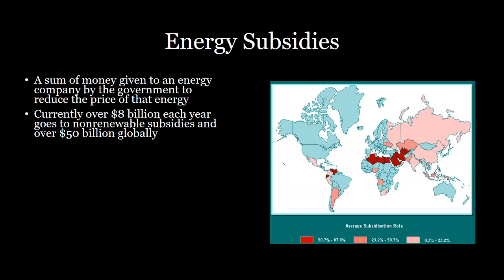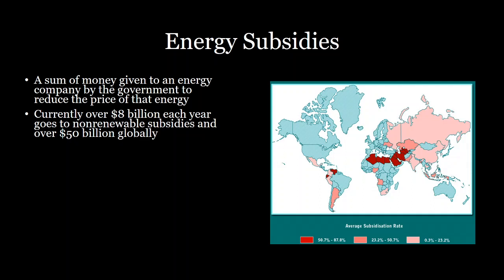Where are most of these subsidies being spent? There's a large amount being spent in the United States in terms of dollar value, but in terms of the percentage rate for reducing the cost of that energy production, most of those subsidies are spent in oil-producing countries such as Iraq, Iran, Saudi Arabia, Northern Africa, and Northern South America, as well as some subsidies going towards Asian countries.